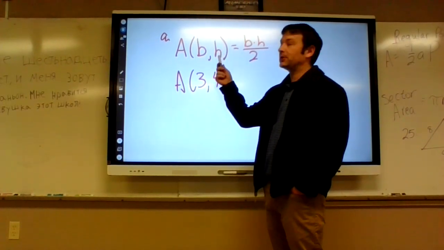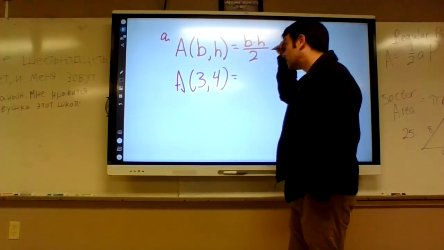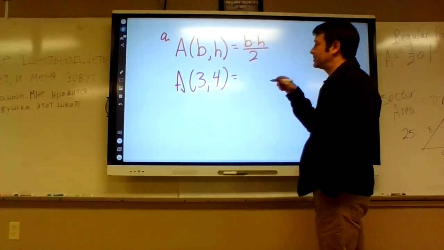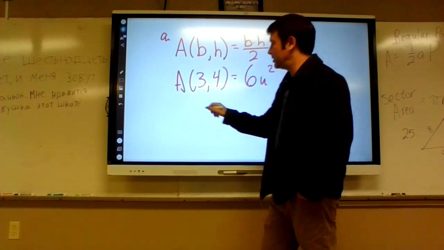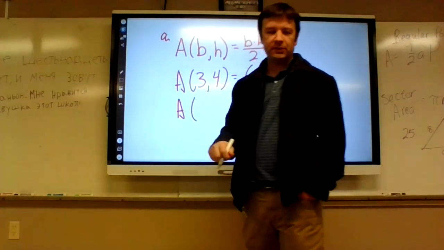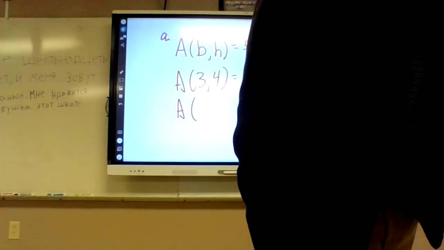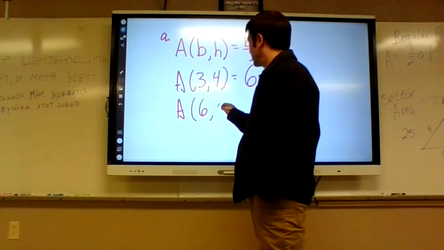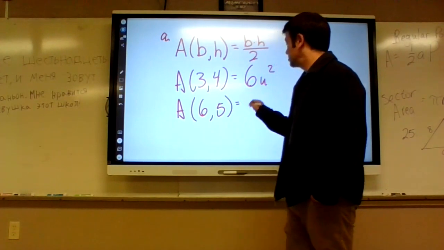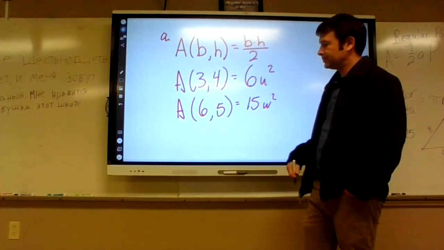So we're just plugging stuff in. 3 times 4 divided by 2 is 6. We'll say units squared. And then A of 6, 5. So what's 6 times 5 divided by 2? 15 units squared.